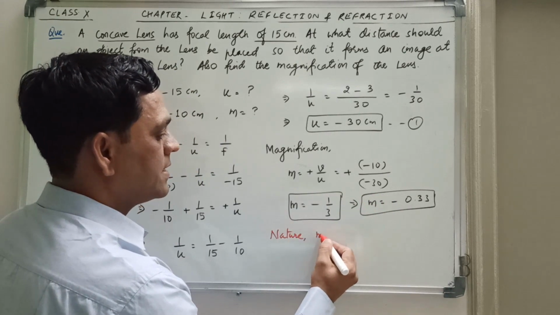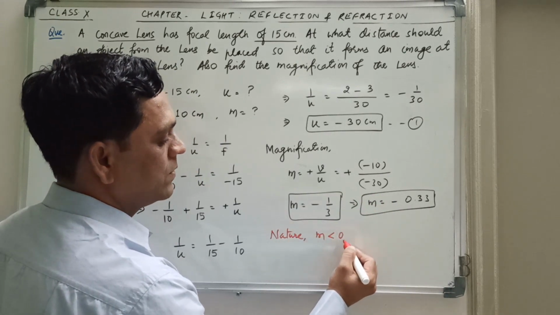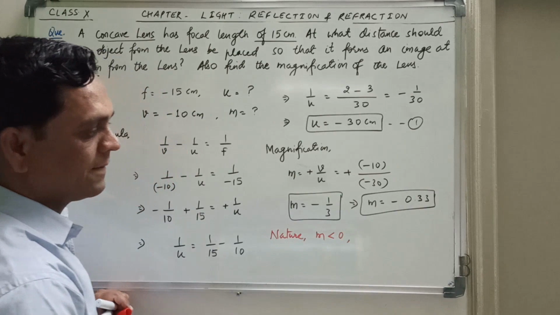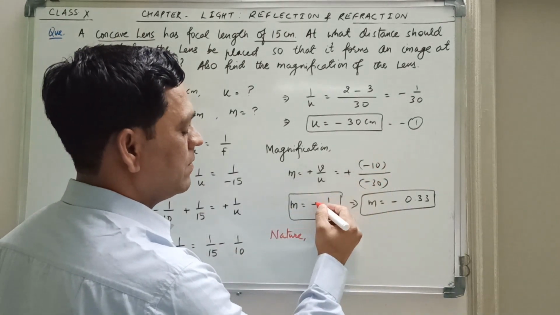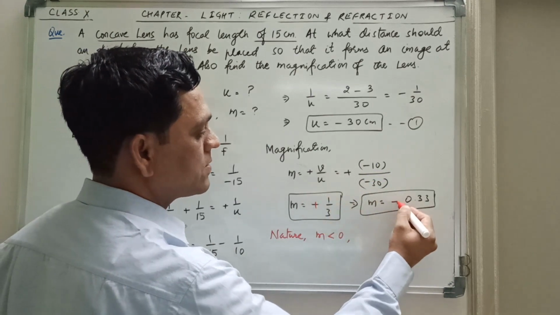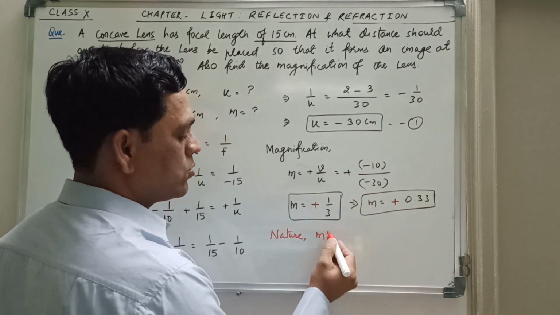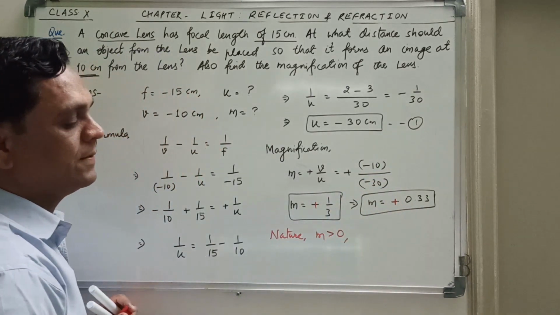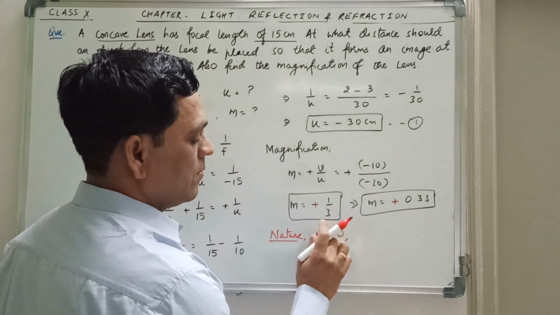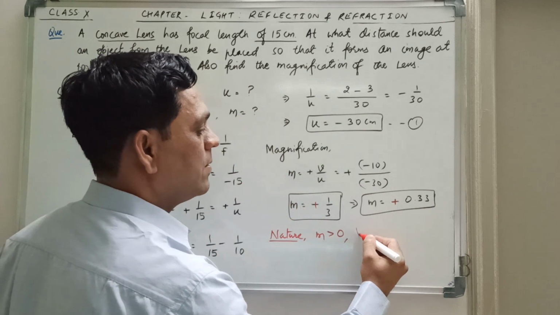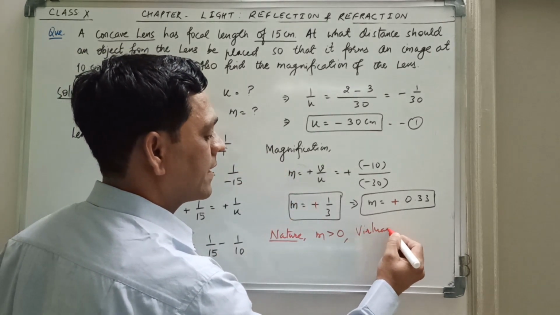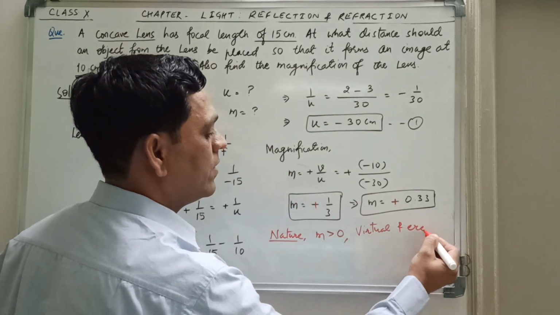Then you will be saying, sir, since m is less than 0, that is negative here. Minus will become plus here. Okay, so this will be coming out to be plus here. So since m is greater than 0 here, so you can say since magnification given by the lens is positive here, so image will be virtual and erect. It will be virtual and erect.